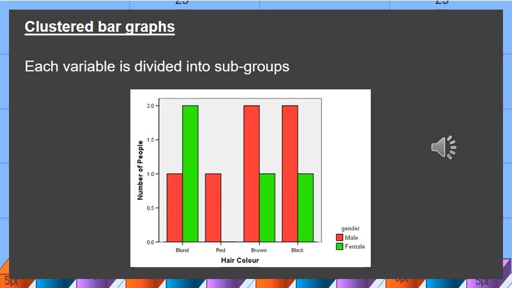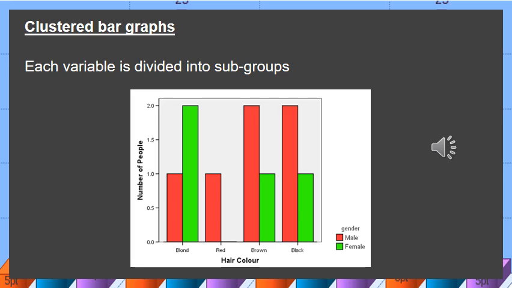This is a population of individuals. I have males and females, males in pink and females in green. And I have hair color, 4 possibilities. So these two variables are both categorical, so it's okay to use a clustered bar graph here.